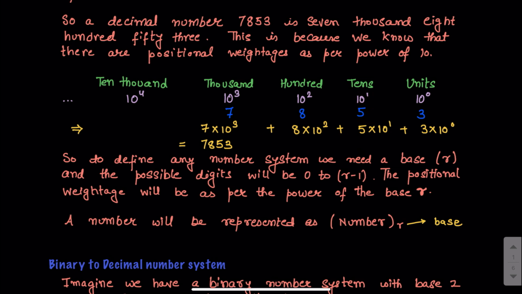that is 7853. So in general, if you have any number system with a base r, then the possible digits will be 0 to r minus 1 and the positional weightages will be as per the power of the base, that is r.